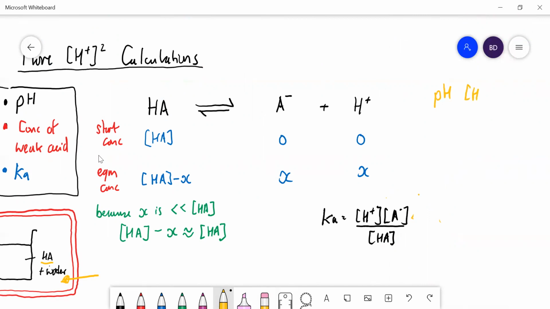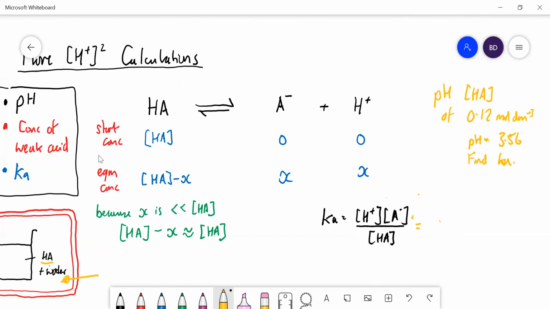So we've got an HA solution of concentration 0.12 mole per decimeter cubed, and the pH is equal to 3.56. So we need to find out Ka. We're going to calculate Ka for this acid.